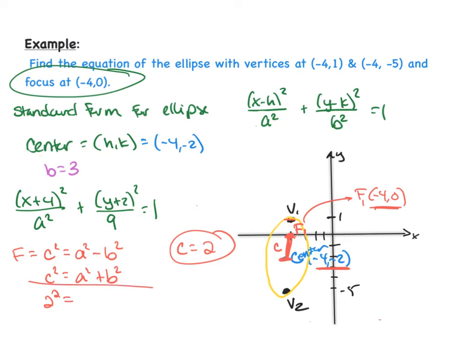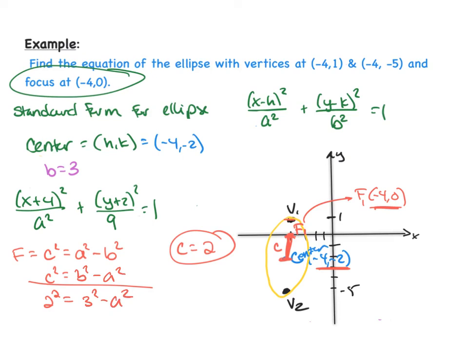Whoops, and I wrote that wrong, didn't I? It's a squared minus b squared, or it's b squared minus a squared. I'm thinking hyperbolas. B squared minus a squared. So we have 2 squared equals, let's see, our b is 3. So 3 squared minus a squared, and we'll solve for a.